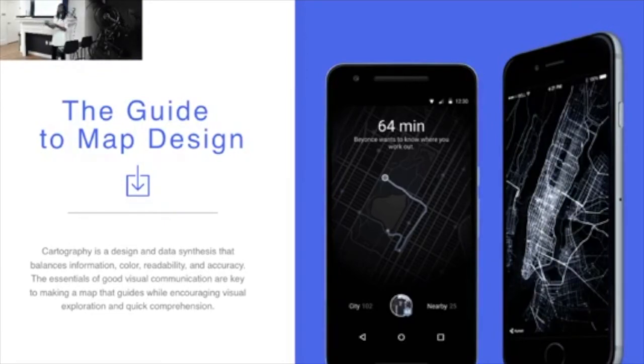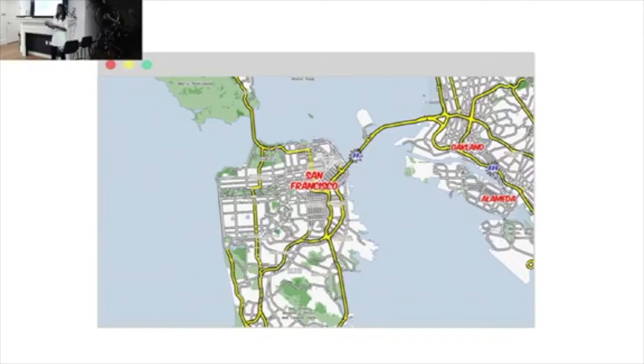So cartography is the design and data synthesis, and it balances information, color, readability, and accuracy. The essentials of good design are the key to making a map that guides and encourages visual exploration with quick comprehension. Successful location-based applications provide well-integrated mapping experiences where maps are responsive to user interactions and environments.